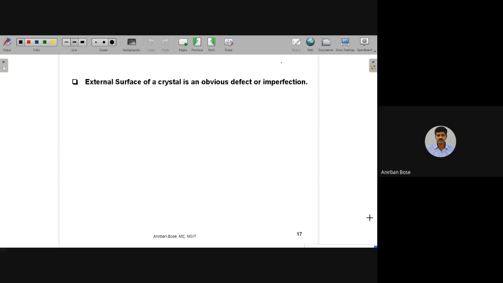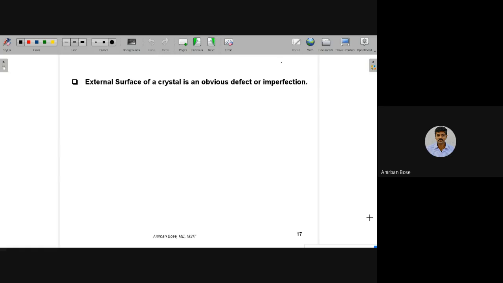Now, this material has a certain crystal structure, and the definition of a crystal structure is that in the space lattice, the lattice points have a certain group of atoms which is called the basis. Then the crystal structure is formed, and this repeating pattern is there within a crystal structure.